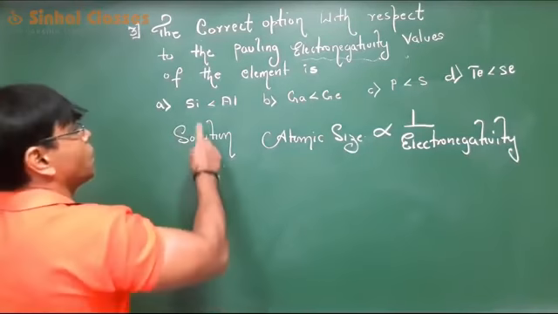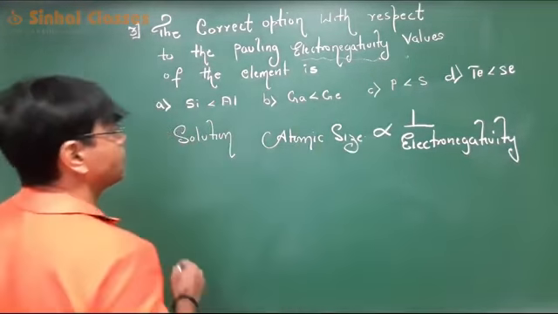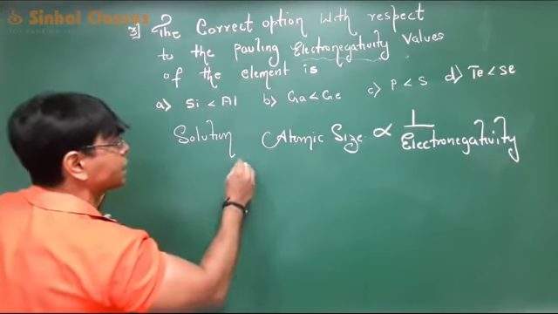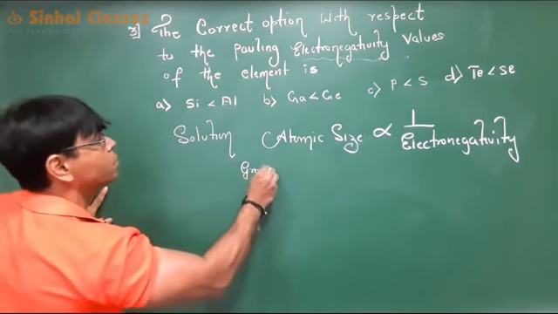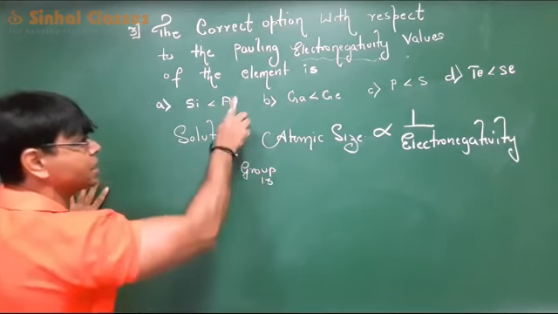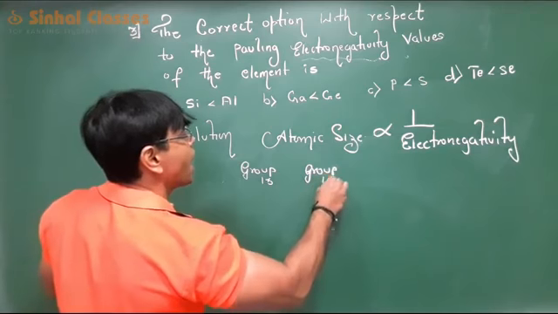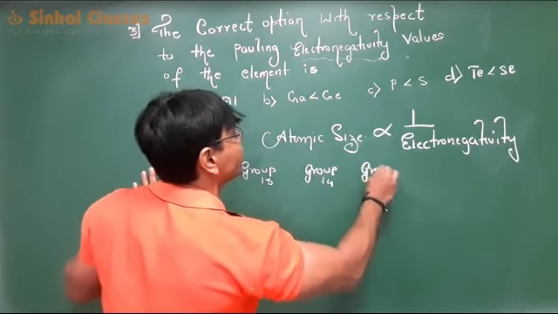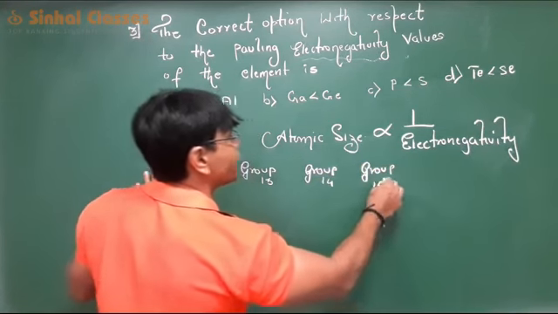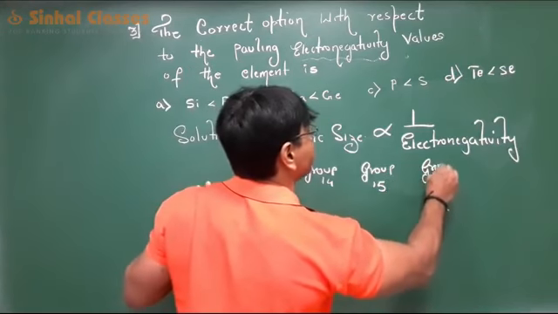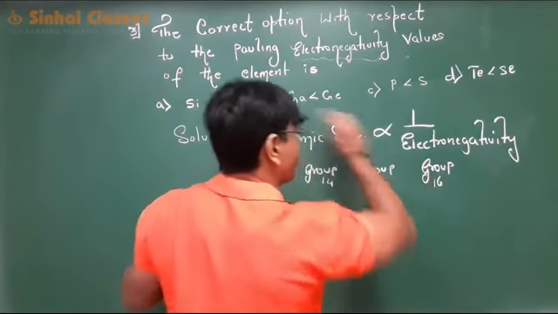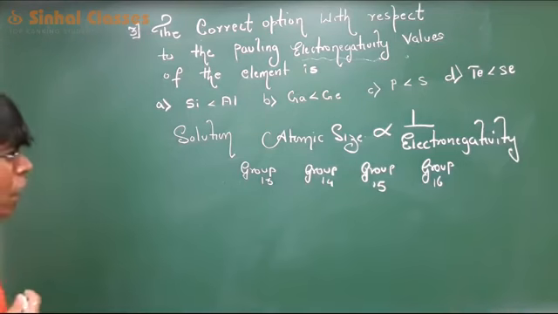Now, if you see very carefully, they have indicated various groups. Group 13 elements are there, group 14 elements are there, and group 15, even group 16 elements are there here.